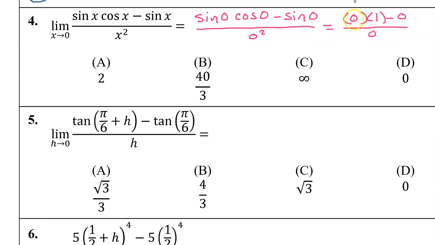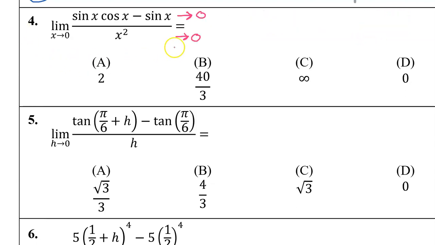So obviously in the numerator we have 0, and in the denominator we have 0. Because the numerator and denominator are both approaching 0, we are allowed to use L'Hopital's rule, which says that we can take the derivative of the numerator and denominator without changing the limit.